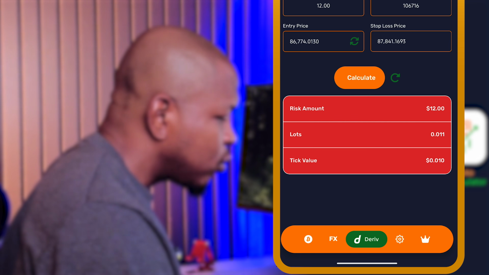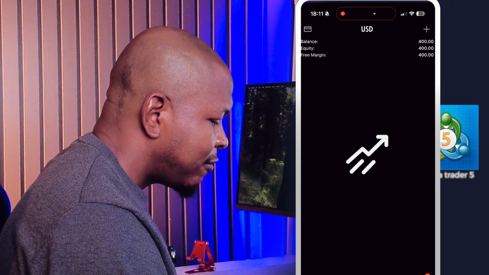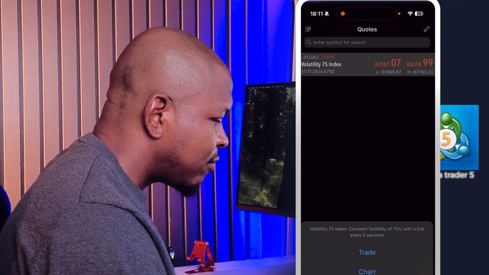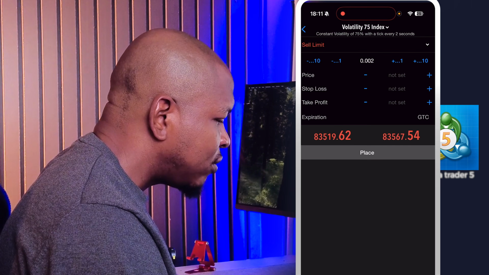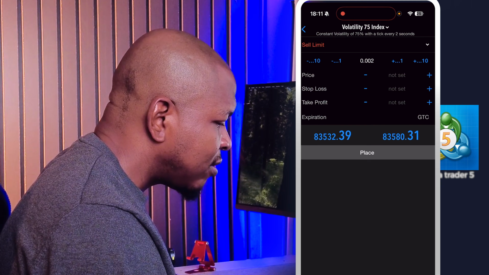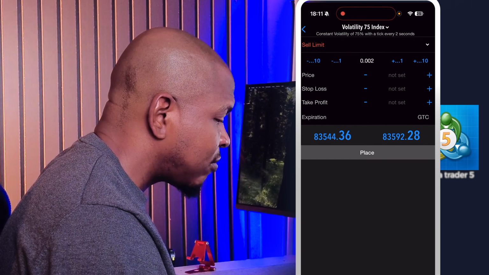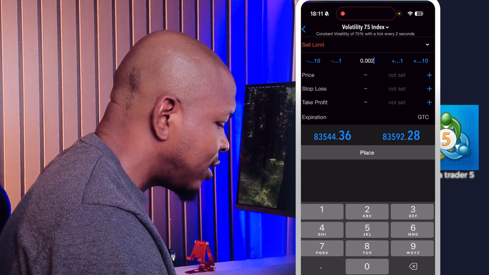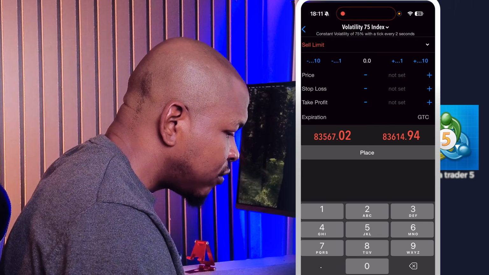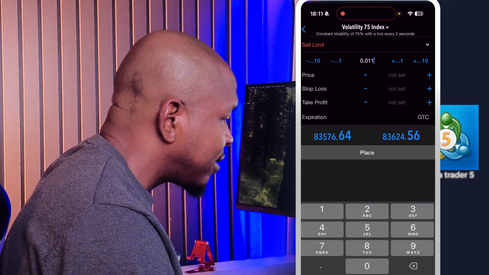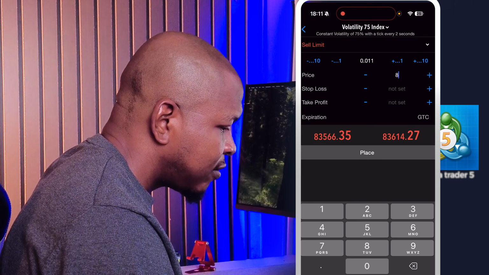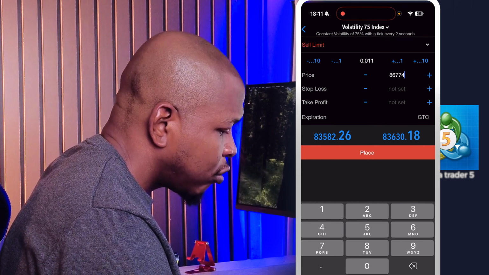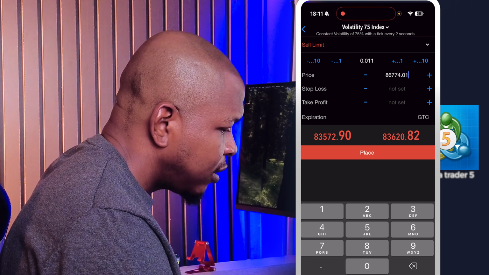So what I would then do is go to my MT5 to place the trade. Click on Volatility 75 and click on trade. I'm going to use a limit order, and it's a sell limit order because I'm trying to sell this market. What we calculated as lot size is 0.011. My entry price, the same price, 86774.01.